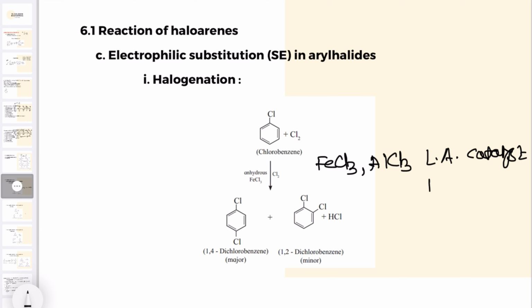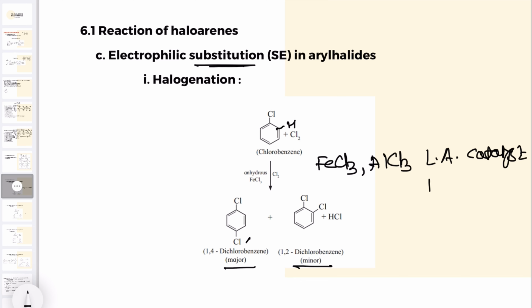First, if we take chlorobenzene, addition of chlorine to it in presence of anhydrous FeCl3, then we get two products, ortho and para. This is 1,4-dichlorobenzene obtained as a major product, and this is 1,2-dichlorobenzene. This chlorine is not replaceable because this is our substitution reaction.